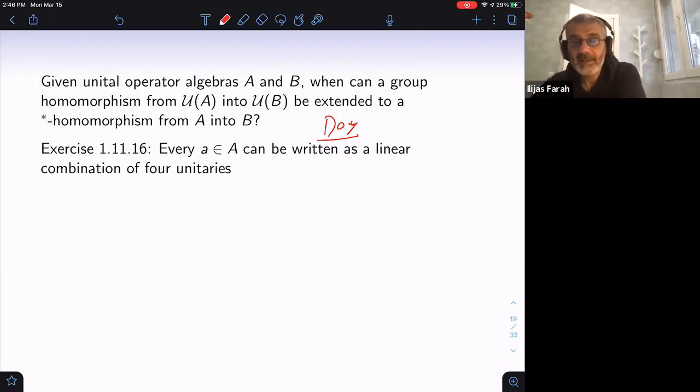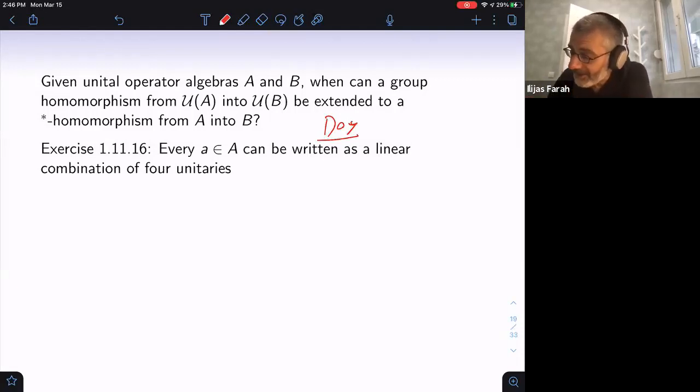There are some interesting counterexamples, but in most situations, the answer is you can do it. But in our situation, it's actually going to be surprisingly tricky to get exactly the theorem that we need.